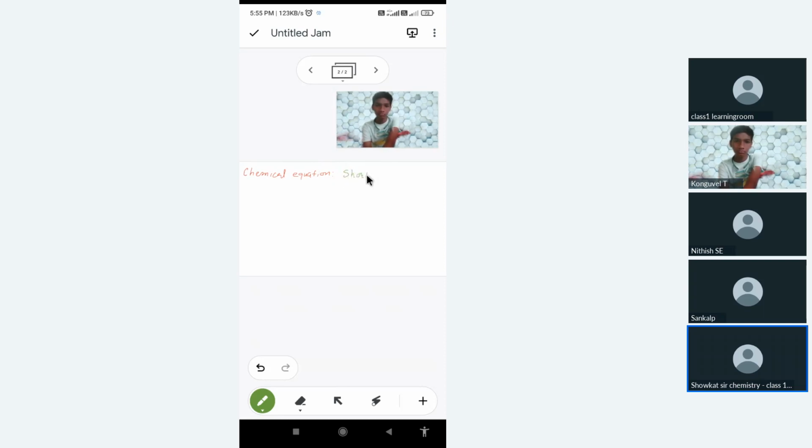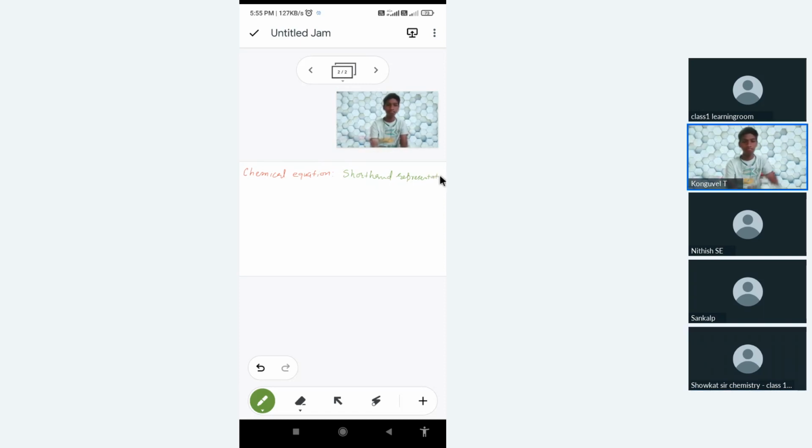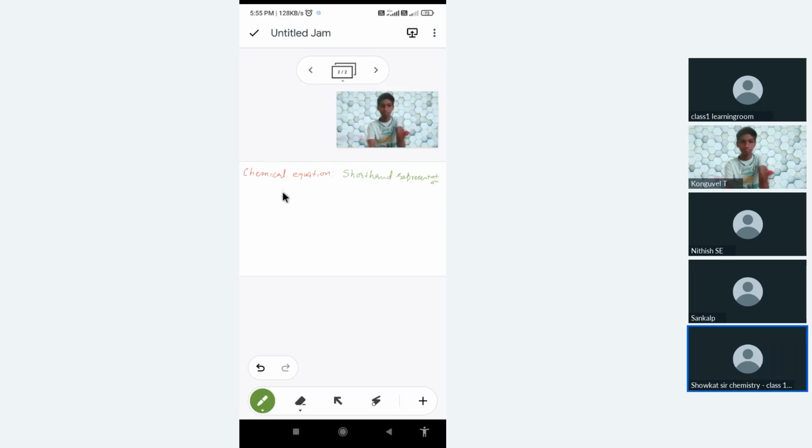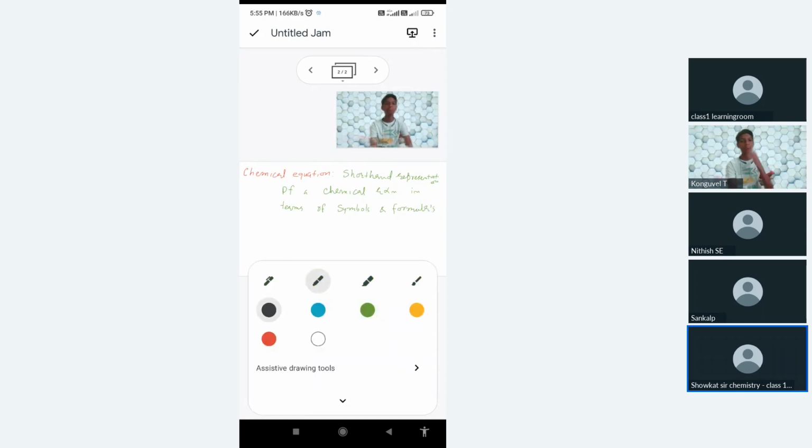So I will write: it is the shorthand representation of a chemical reaction in terms of symbols and formulas, so that will be known as a chemical equation.